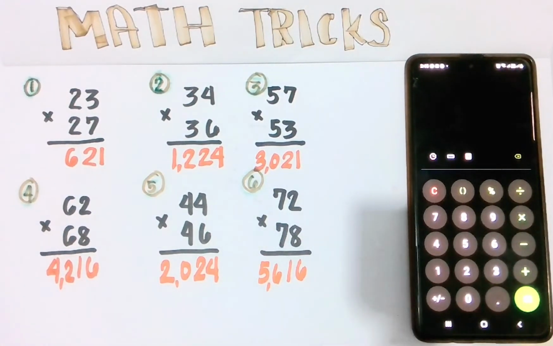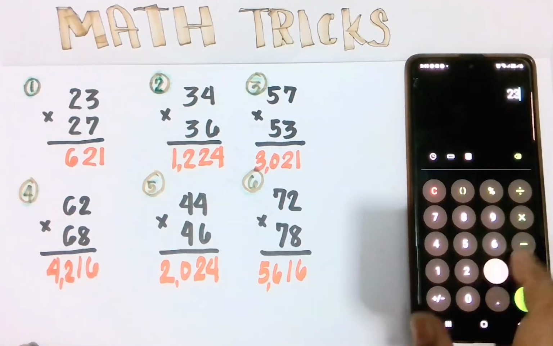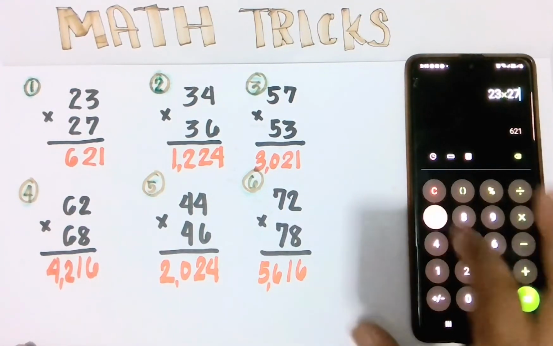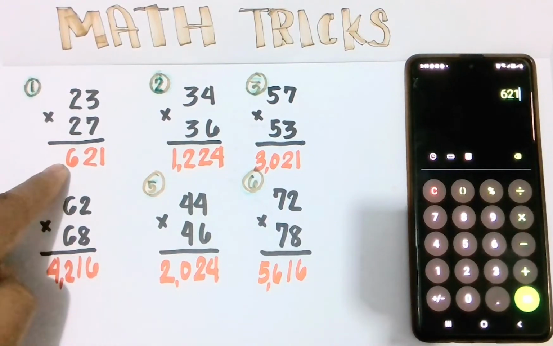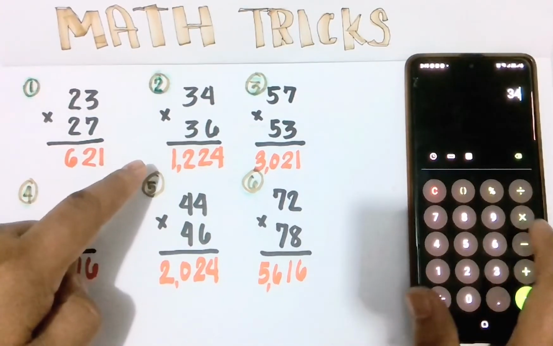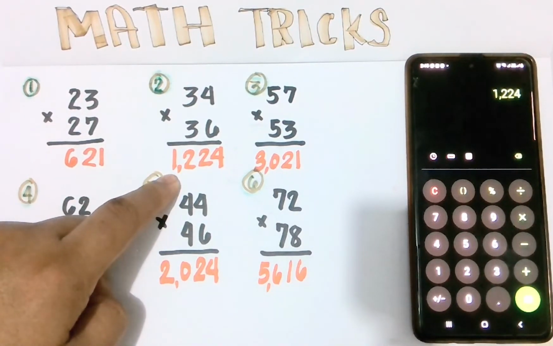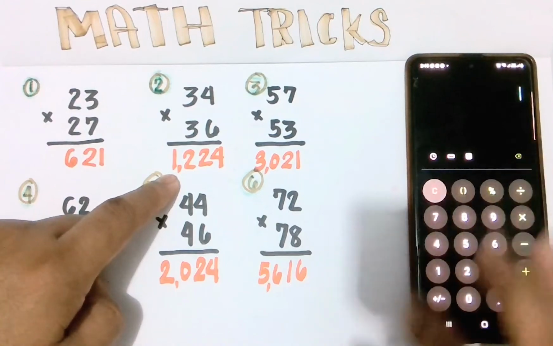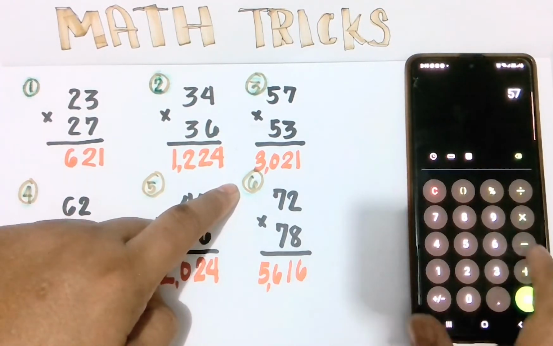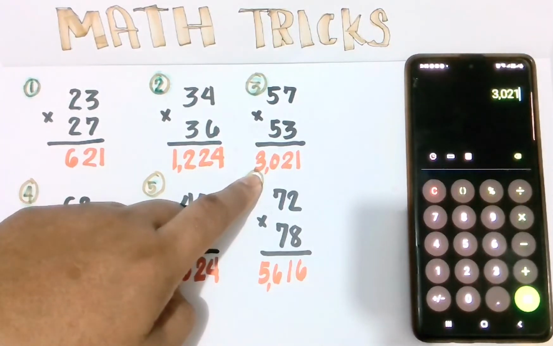So, let's check kung tama ba yung sagot natin. 23 times 27, 621. Check. 34 times 36, 1,224. Check. 57 times 53, 3,021.